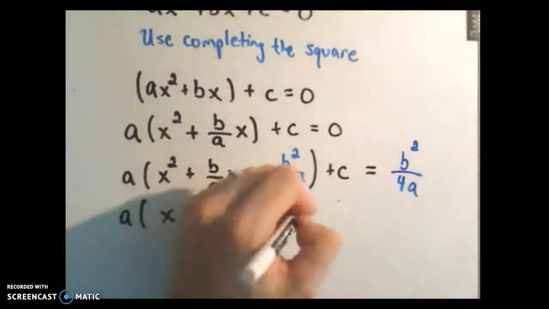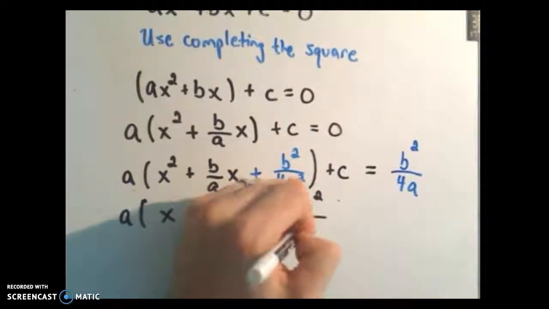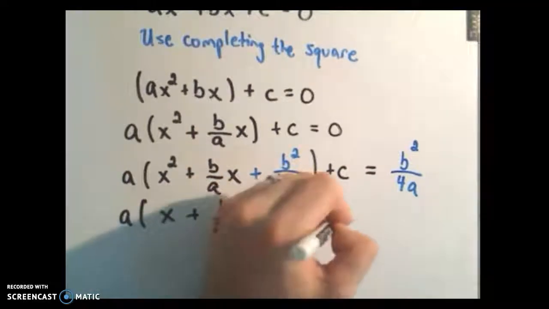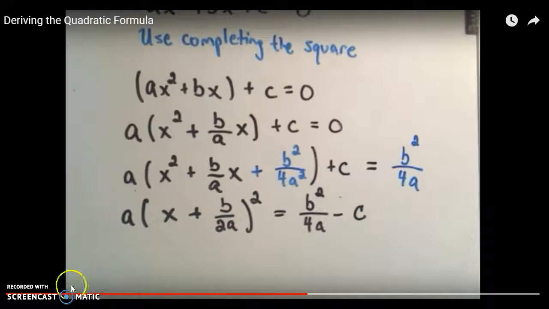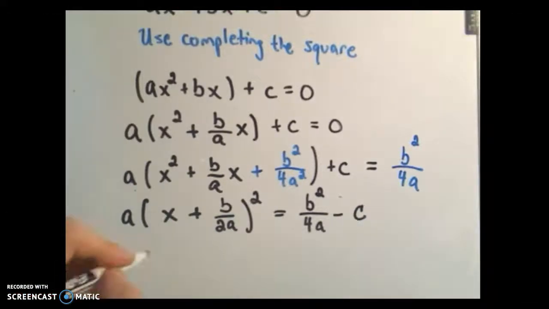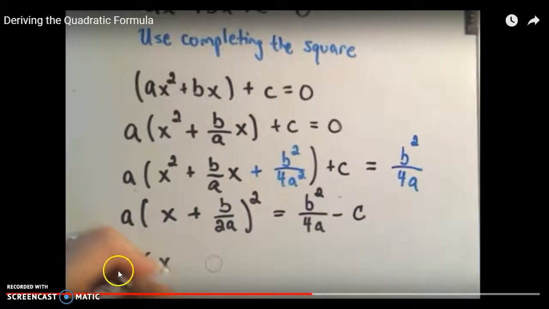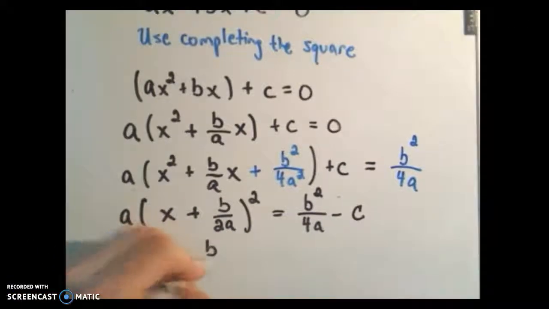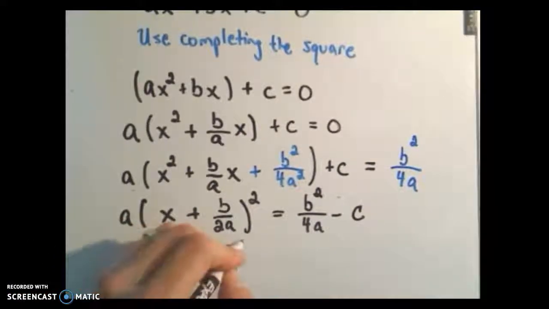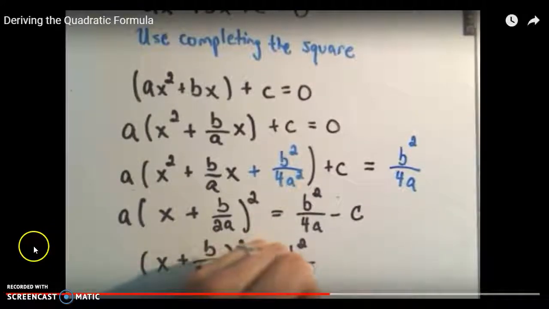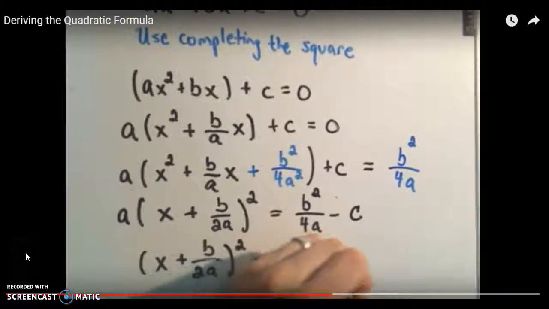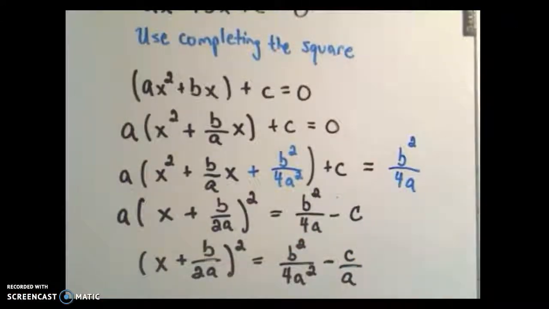The other thing I'm going to do is subtract this c term from both sides. Next, to get rid of the a, I'm going to divide both sides by a. I'll get x plus b over 2a squared equals b squared over 4a squared minus c over a on the right-hand side.